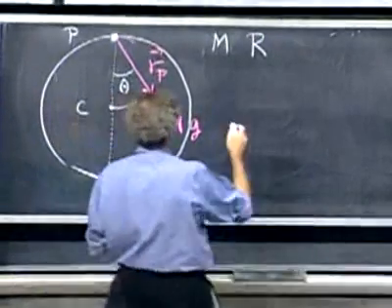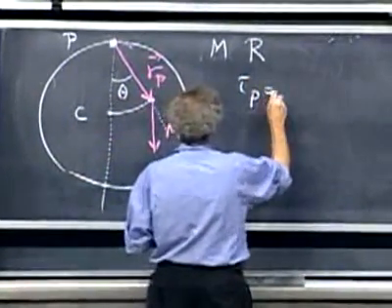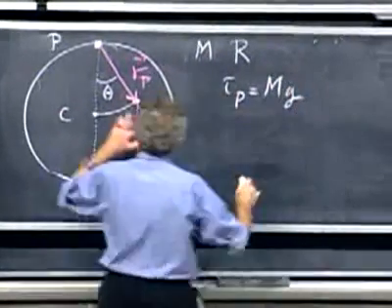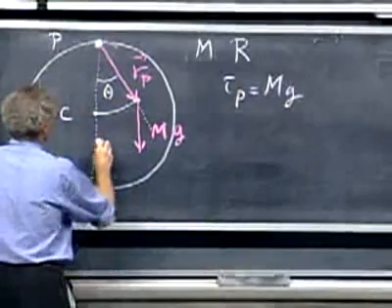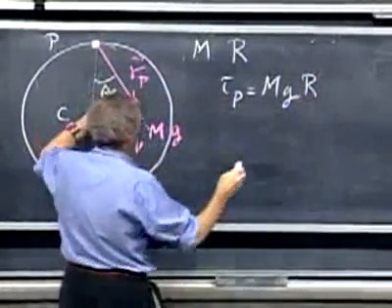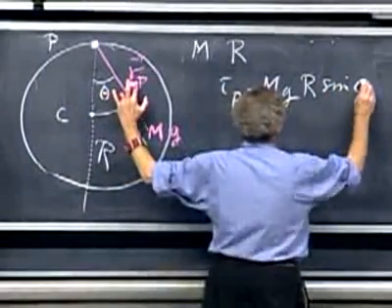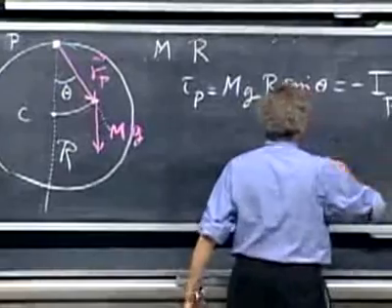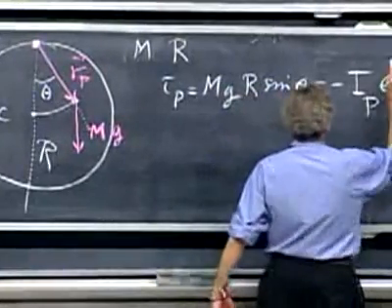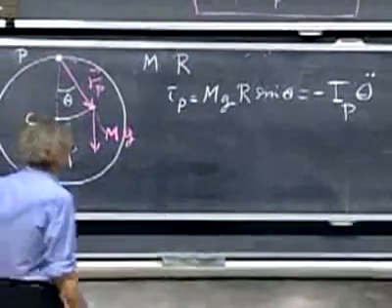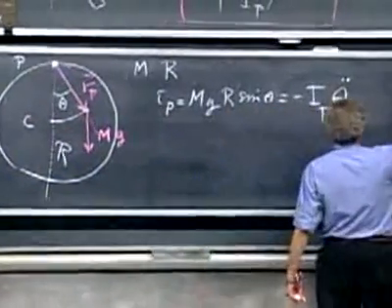I'm going to get that the torque about that point P equals mg, and I'll fill in immediately the radius r times the sine of theta. And that must be equal to minus the moment of inertia about point P times theta double dot. What is the moment of inertia about point P?